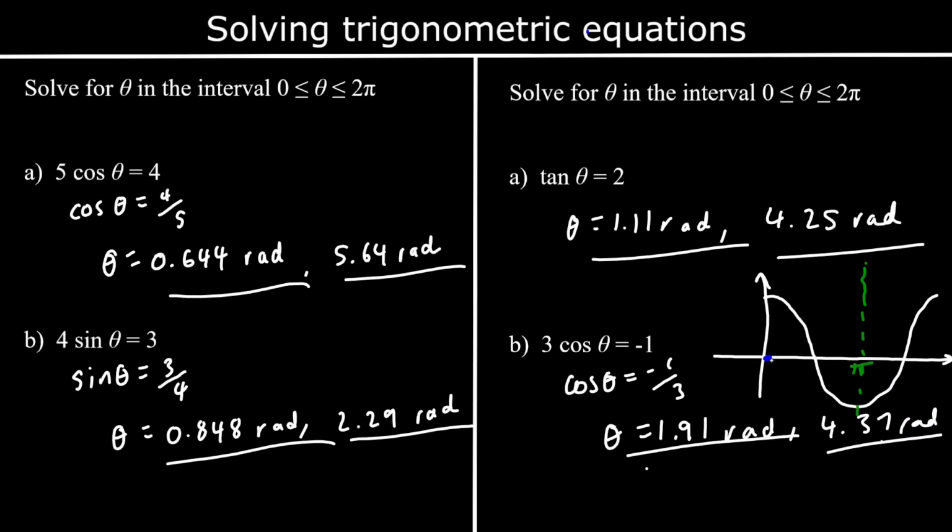So the gap between 0 and our first answer is the same as the gap between 2 pi and our second answer because of the line of symmetry. So because there's a line of symmetry, to get the second answer, we do 2 pi minus the first answer. And the same works with sine, because the line of symmetry for sine is at 90 degrees or pi radians.